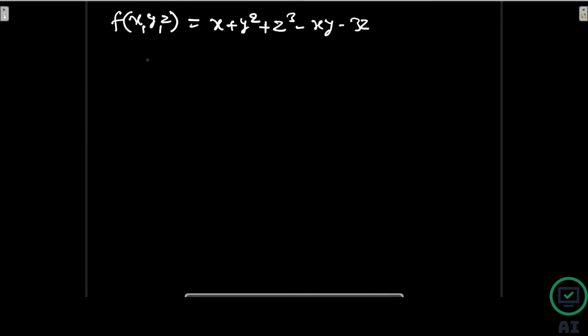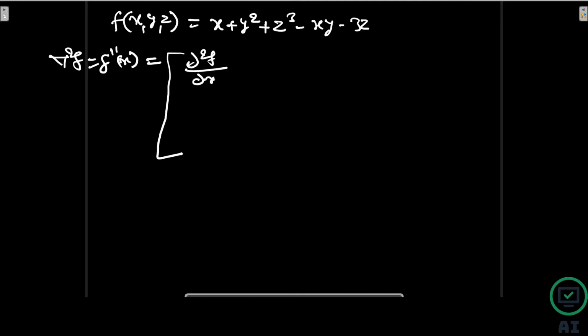So what is the double derivative of this particular function? The double derivative of this function is defined as gradient square of f. You can denote it like this also. So this is nothing but a matrix. So partial derivative of f with respect to x, then this one.